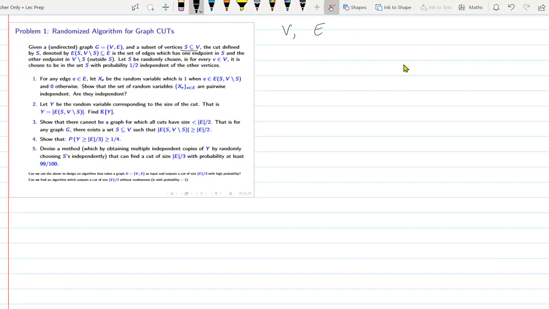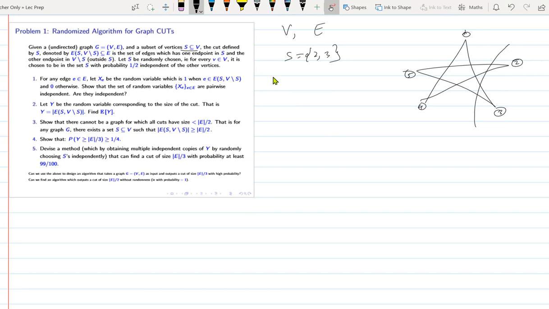So the particular graph we defined was this, and suppose S is this. Let's call these numbers 1, 2, 3, 4, 5. Suppose you take S as equal to {2, 3}.